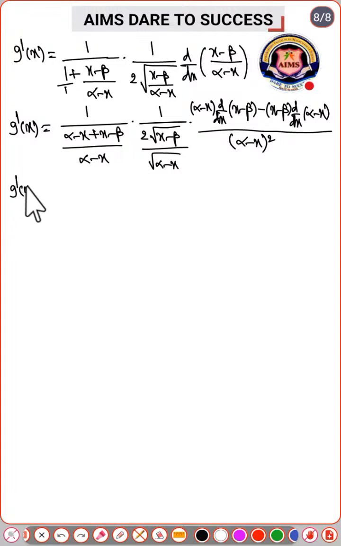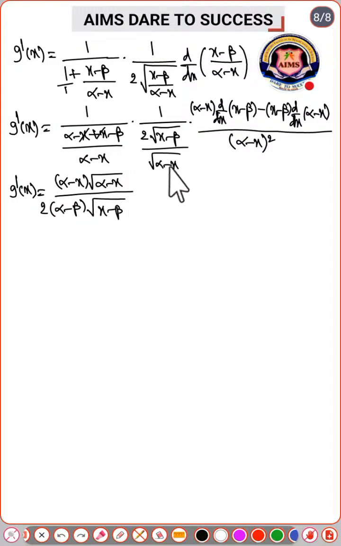Okay, g dash of x is equal to, so here plus x minus x get cancelled, so 1 by something by alpha minus x. So this alpha minus x goes to the numerator, as well as 1 by something by another value goes to the numerator, that is root over alpha minus x, divided by the remaining value, alpha minus beta into 2. So I am writing 2 first, into root x minus beta.